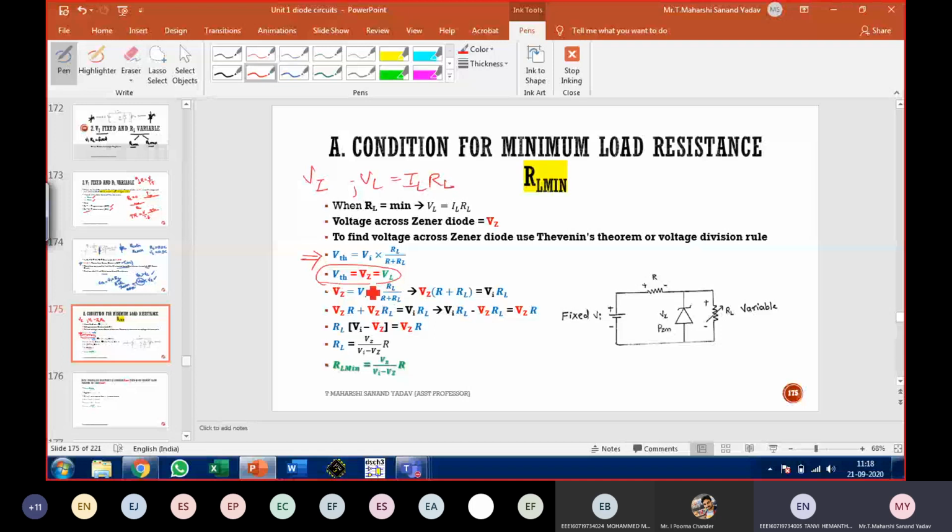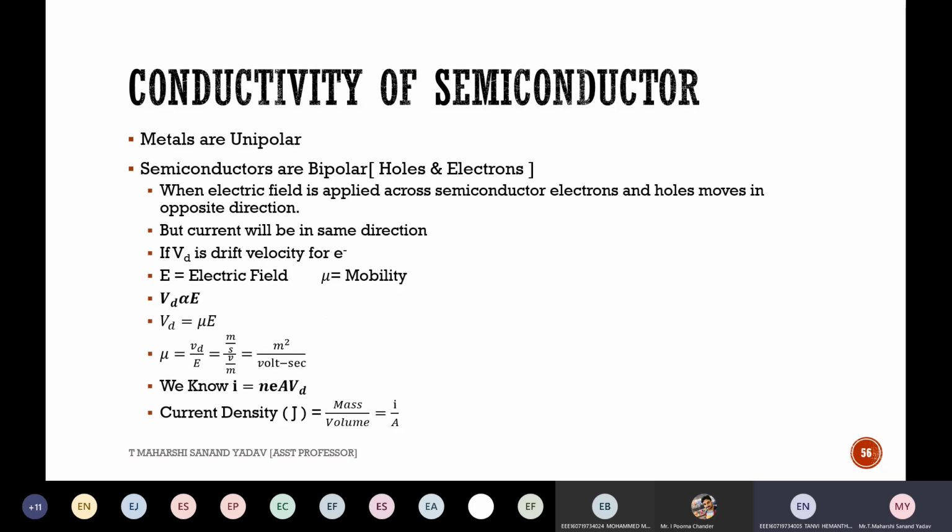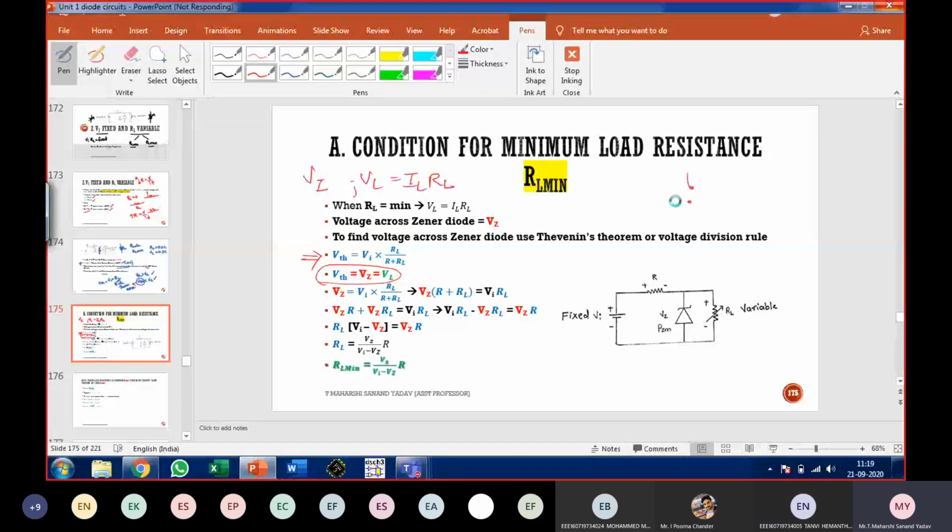If I consider this as VTH, the voltage across VZ is nothing but VTH, so the two voltages will be the same. VTH is the same as VZ, which is again the same as the voltage across the load, VL.